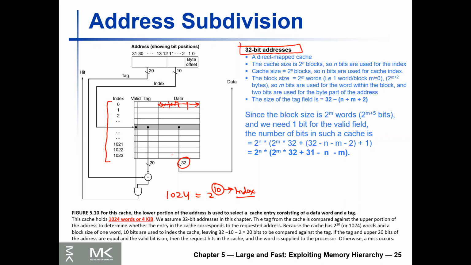This data basically has 4 bytes. We can read or reference any particular byte. So how many bits do we need to reference these byte offsets? 4 bytes are there. So how many bits are required to reference these 4 bytes?